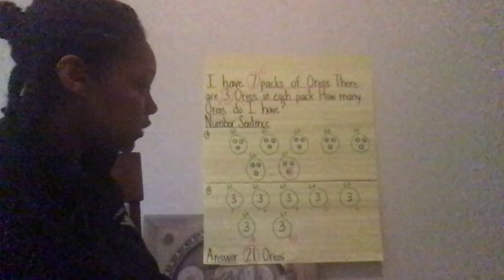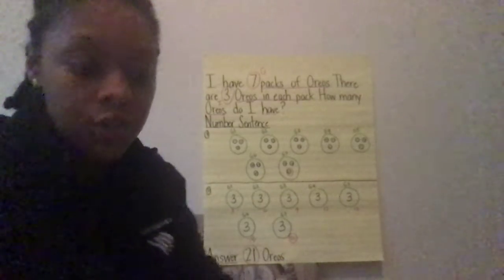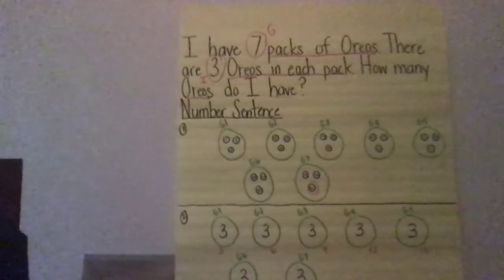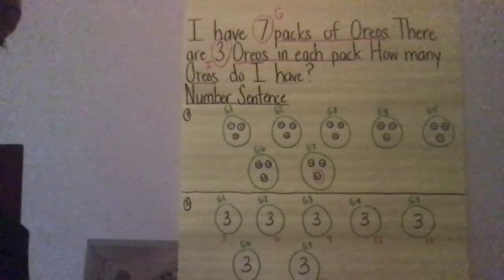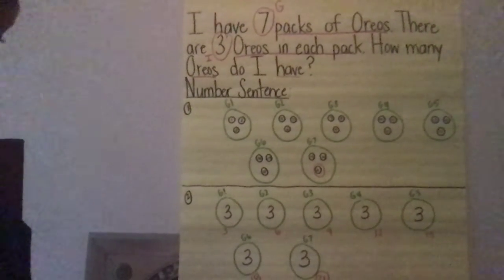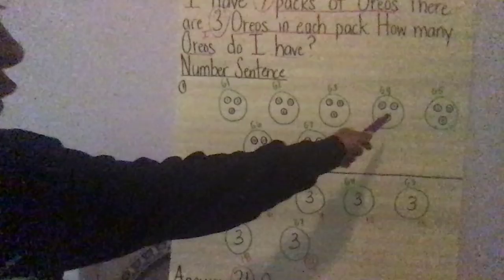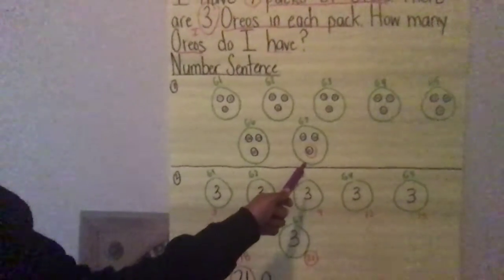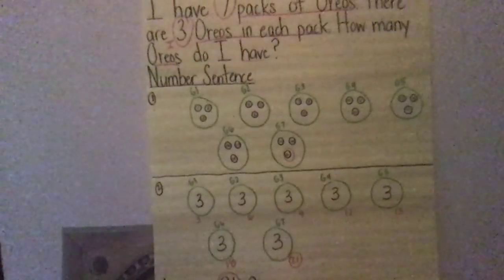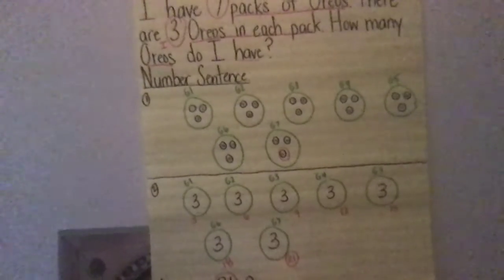Here are 2 different representations that you could have shown on your paper. The first one, because there are 7 packs of Oreos, those 7 packs represent my groups, I drew 7 groups. Group 1, 2, 3, 4, 5, 6, and 7. Then the story problem told me that inside each pack, there are 3 Oreos.